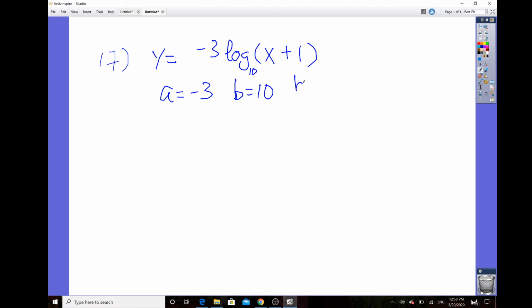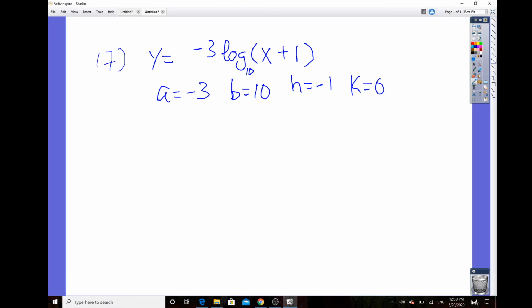And then the value of h. This one is x plus 1, so it's considered x minus negative 1, because negative times negative is positive, so h is negative 1. And then k, if that's not shown, it's always 0. So first thing that you want to do, the template is already given for the xy plane. So I just want to set up the x-axis and y-axis here.